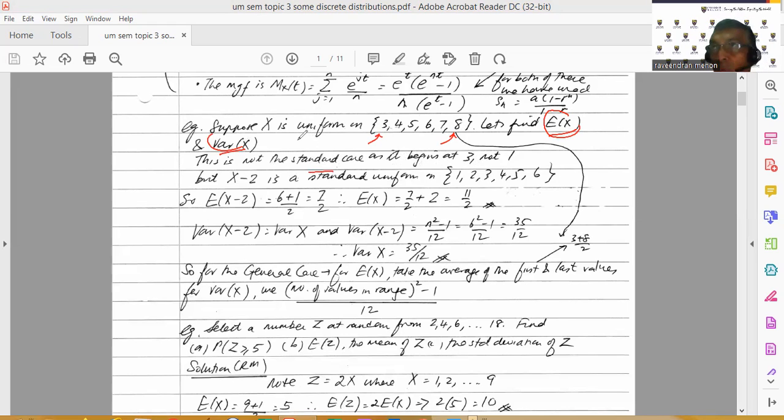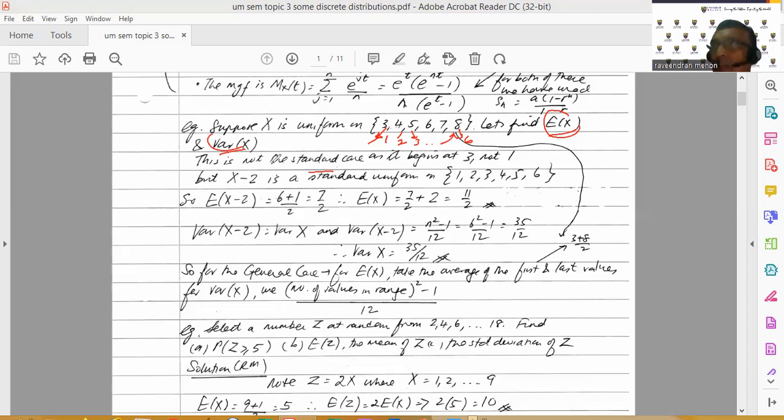But we can do a mild transformation. How do you get 1 from 3? Just minus 2. If you minus 2 here, you'll get 1. Minus 2 here, you get 2. Minus 2 here, you'll get 3, and so on. Minus 2 here, you'll get 6.